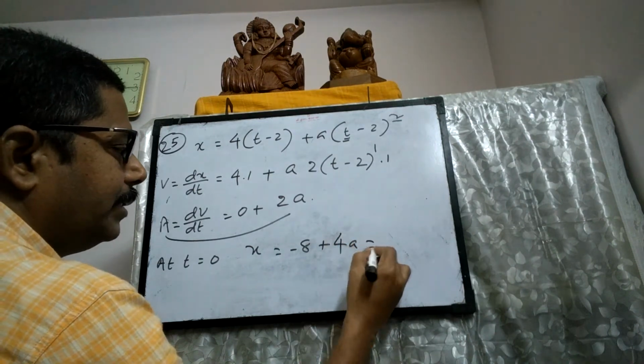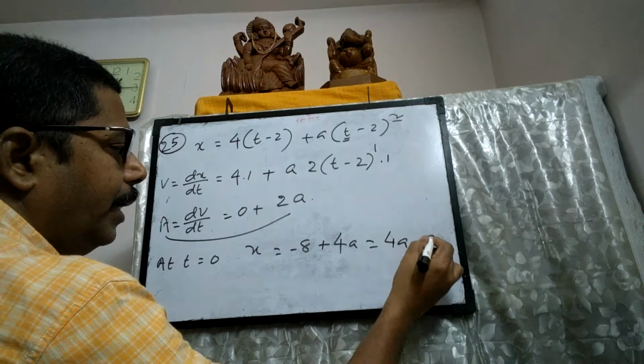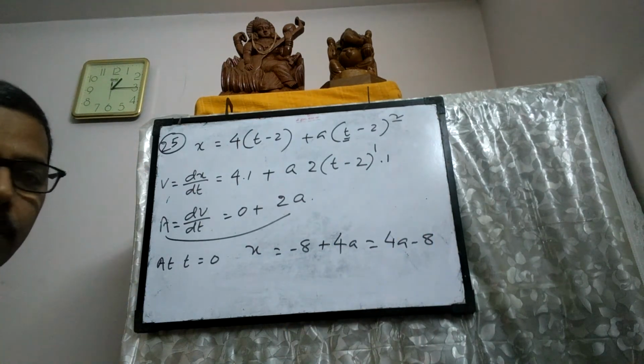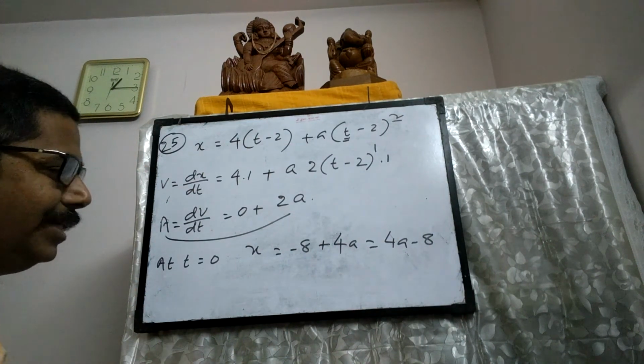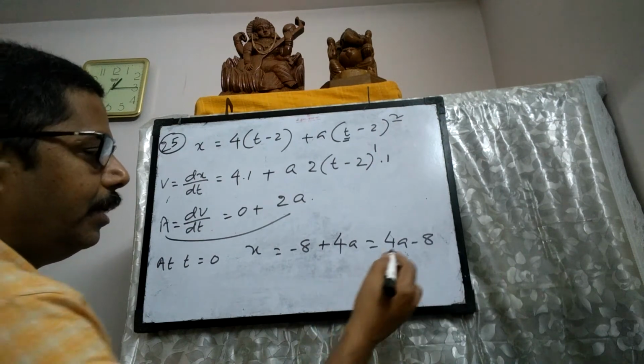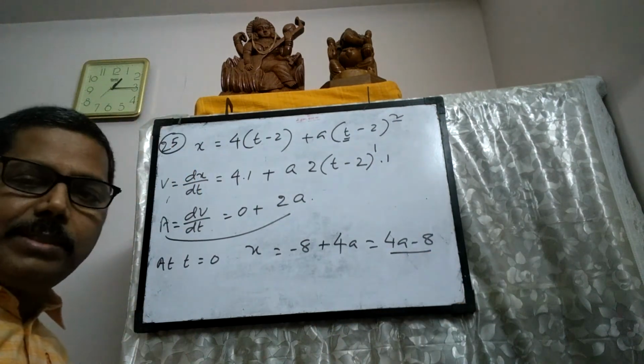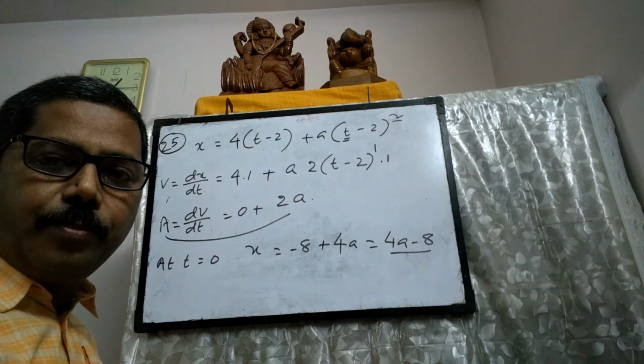So we are getting x is equal to 4a minus 8. But the question says at t is equal to 0 it starts from the origin. It is not starting from the origin because x is not equal to 0.